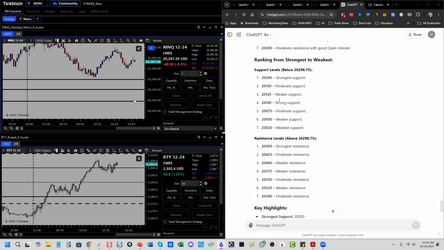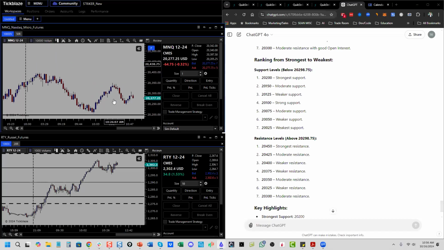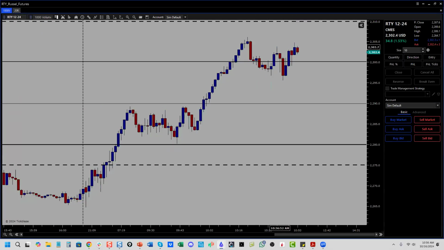I'm just not going to plot the other ones for now because we're probably not going to get there in the morning. Now let's go down here. We did sweep the high on the last rotation. There was a sweep. See that? We swept the high, so there is a chance that that is the sweep.